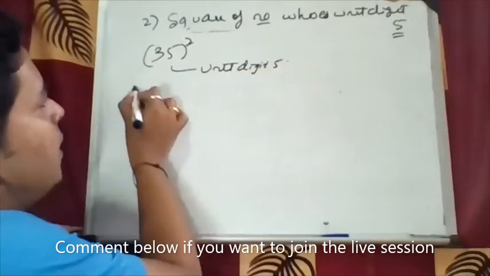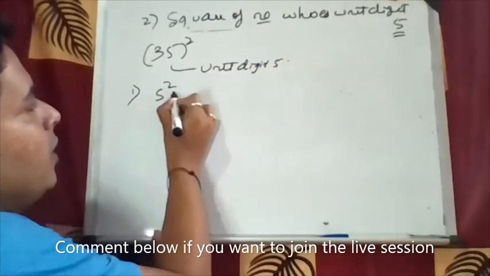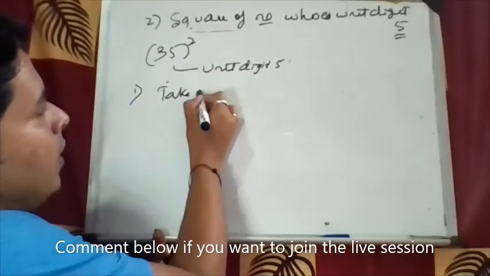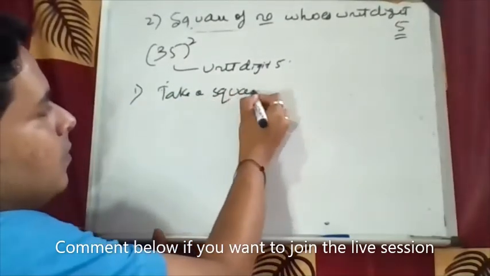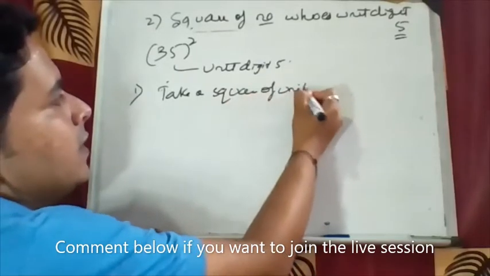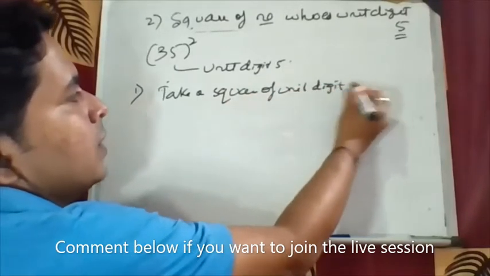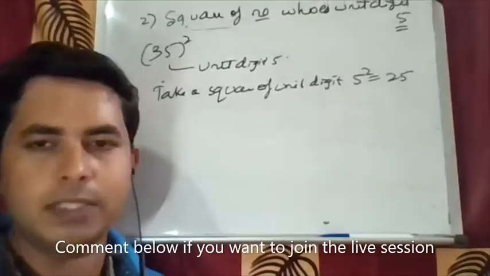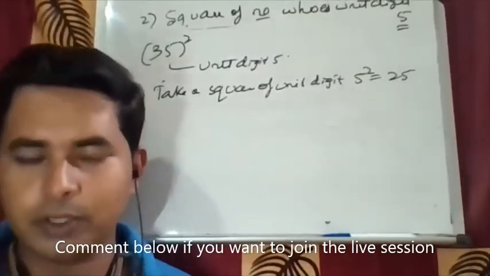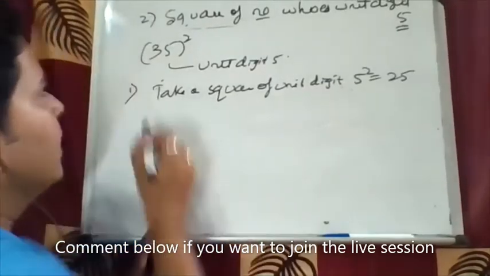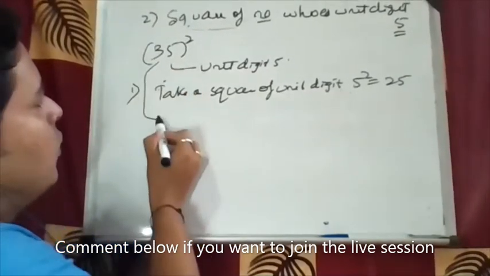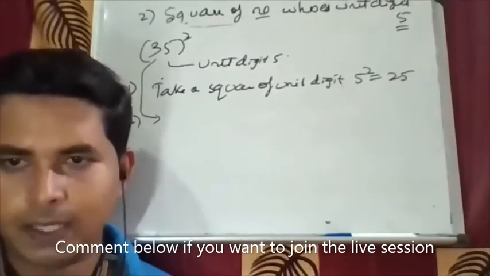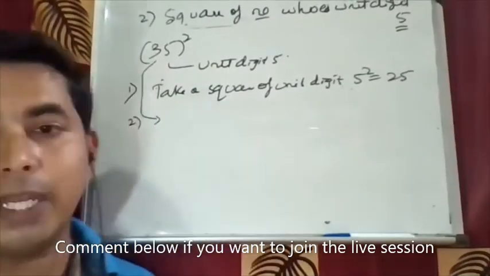Okay, so the first step is to take the square of the unit digit. What is 5 square? It is 25. Then consider 3. So take the successive number of 3 and multiply.